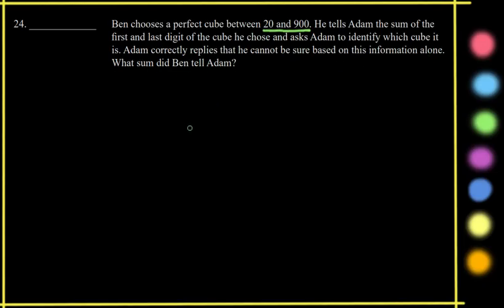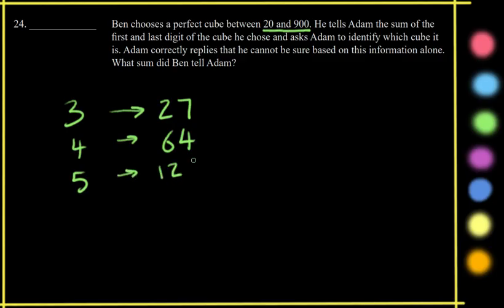Okay. So it helps a lot if you know your cubes. We're going to have to go from 3 cubed all the way up to 9 cubed, because those are the cubes that fall within this range. So 3 cubed is going to be 27. That's the first cube that is bigger than 20. And then 4 cubed is going to be 64, 16 times 4. 5 cubed is going to be 125, because that's 25 times 5. 6 cubed is going to be 216.